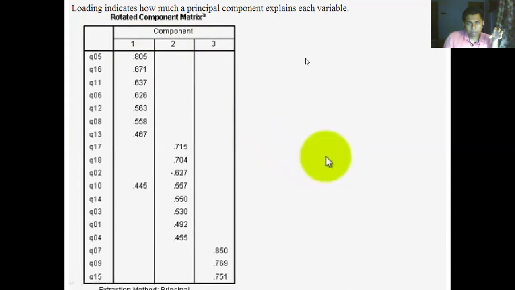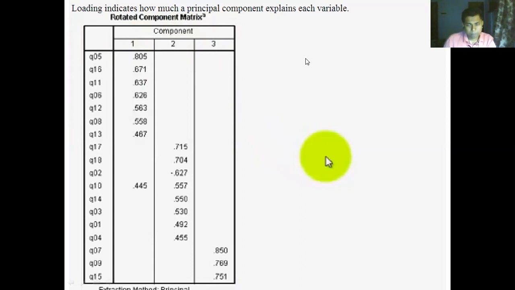Actually, whenever you consider principal component analysis, basically you express the principal components in terms of linear combinations of all the variables.